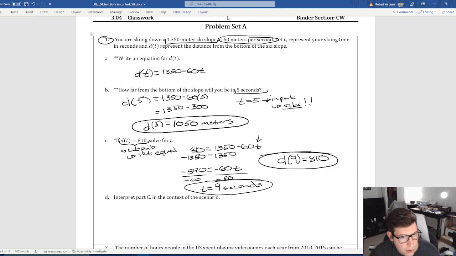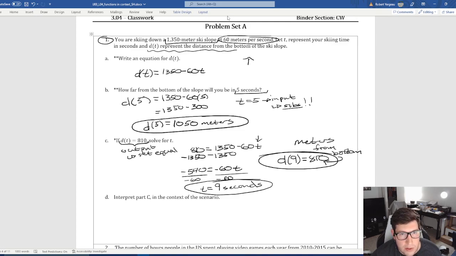And so now we want to interpret what we just wrote. I know that this is seconds, and I know that this is meters, specifically from the bottom. I want to be clear, this isn't how many meters we've traveled, this is how many meters from the bottom we are. And that comes from, back up top, that last sentence right here: d of t represents the distance from the bottom of the ski slope.